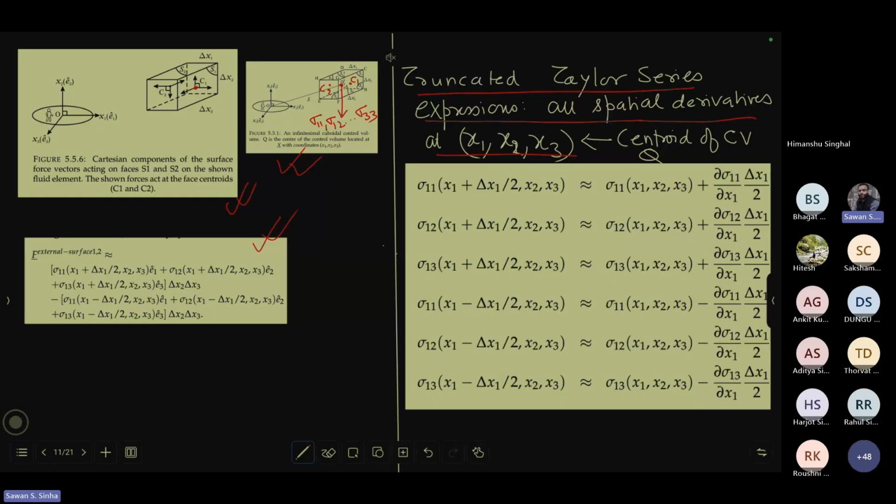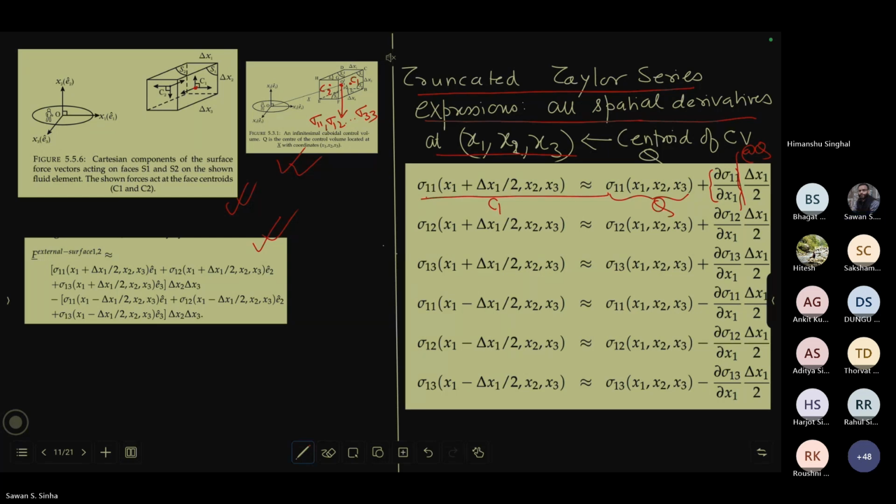How do I find it? This is how I find it. Sigma 1,1 at C1 is sigma 1,1 at Q plus this derivative, which is at Q, multiplied by delta x1 by 2.